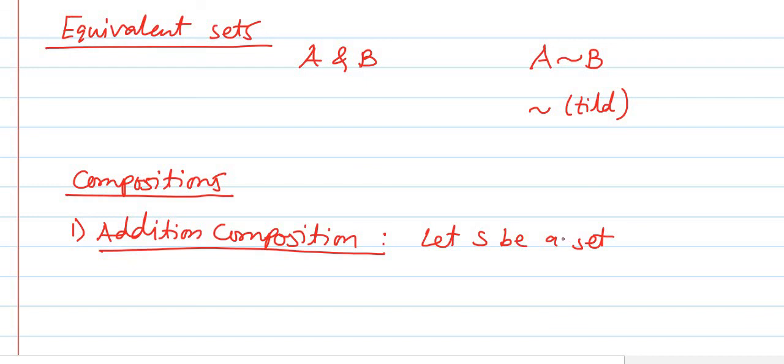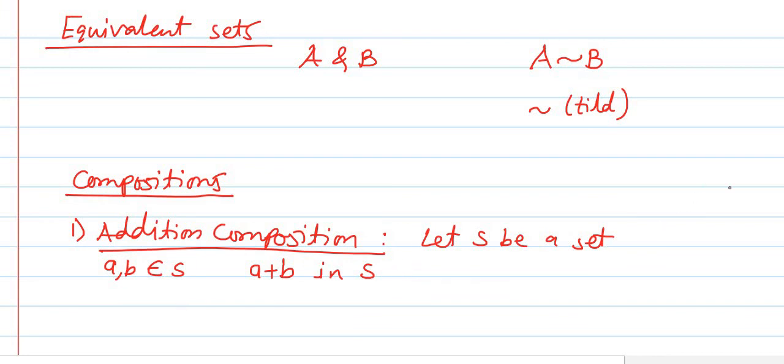If for each pair of elements A, B belonging to S, there corresponds a member which we denote by A + B in S itself, then the addition composition is in such a way defined in the set S.